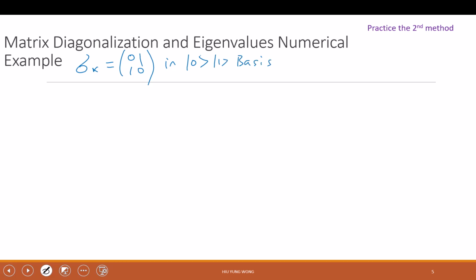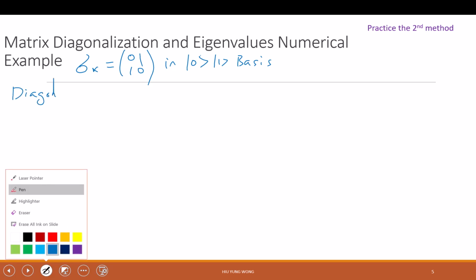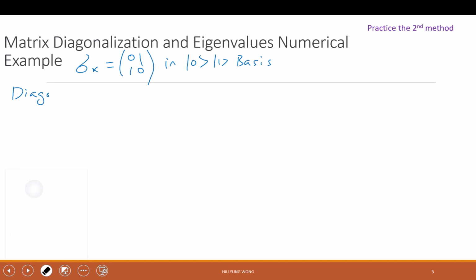The first thing I want to do is to diagonalize this matrix. Diagonalizing is equivalent to finding the eigenvalues.